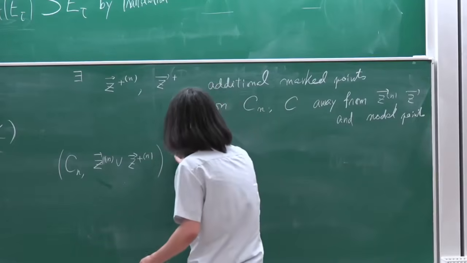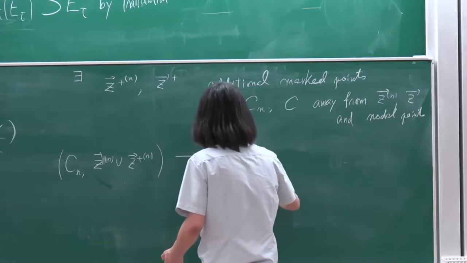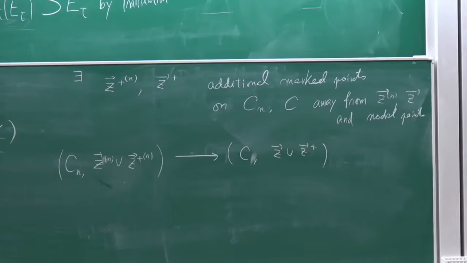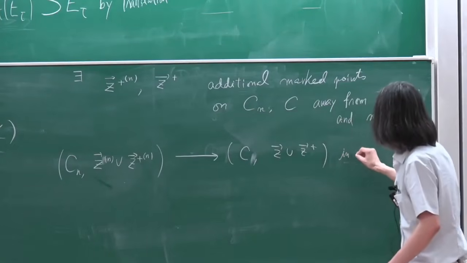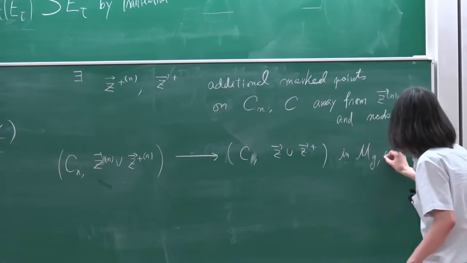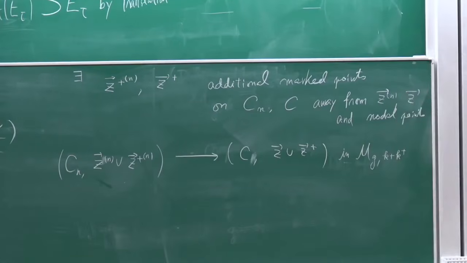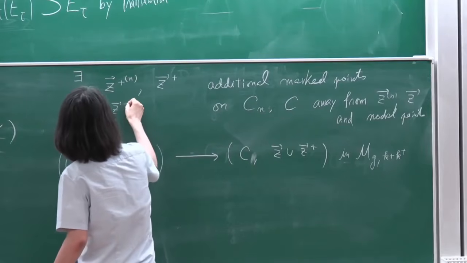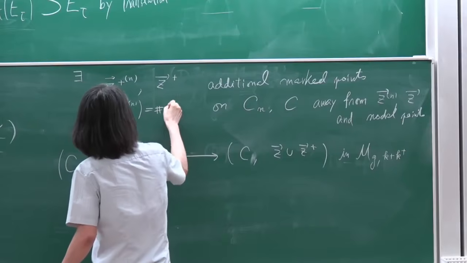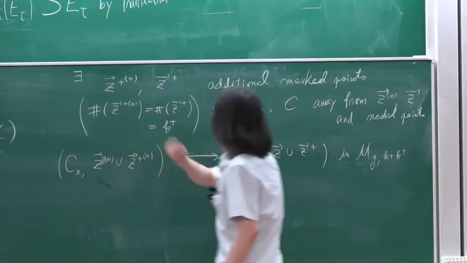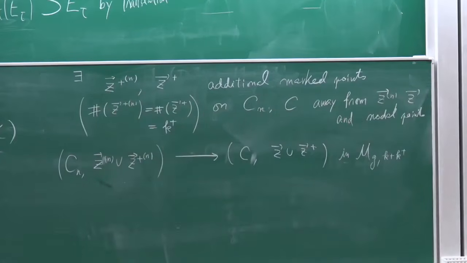And more than that, this one actually converges to this, in the moduli space of stable curves of genus G and k plus k plus or something. I just assume the number k plus. So this is the first condition. So this is in the Deligne-Mumford moduli space.